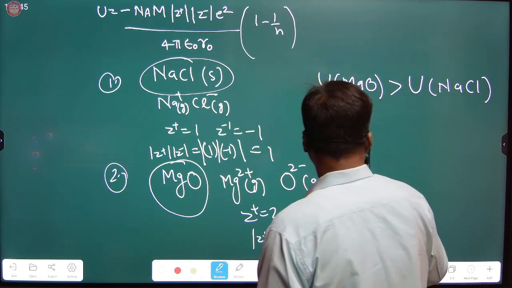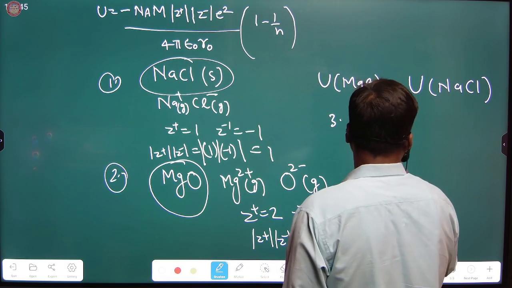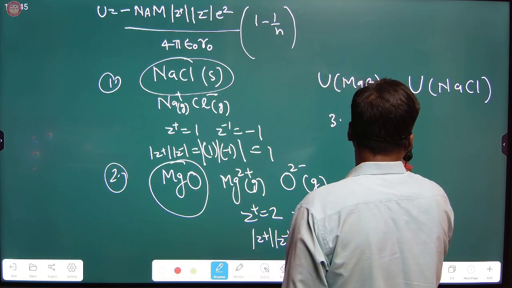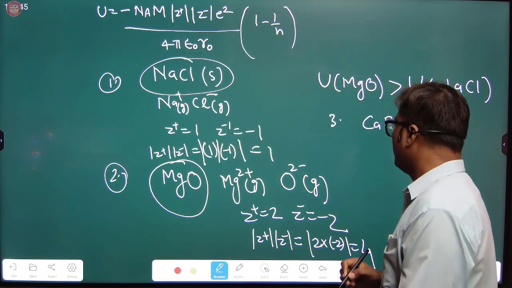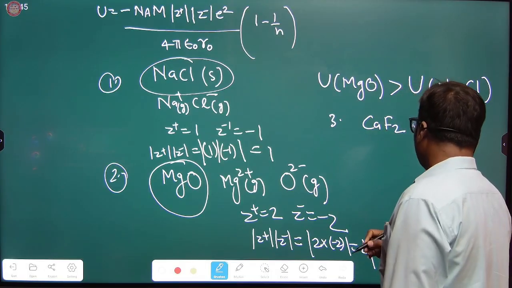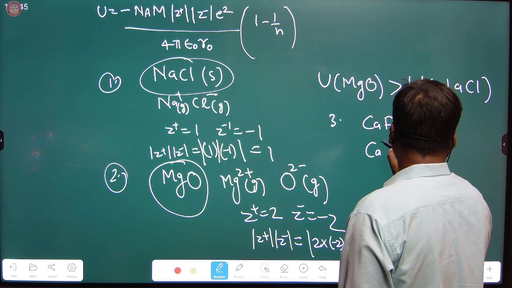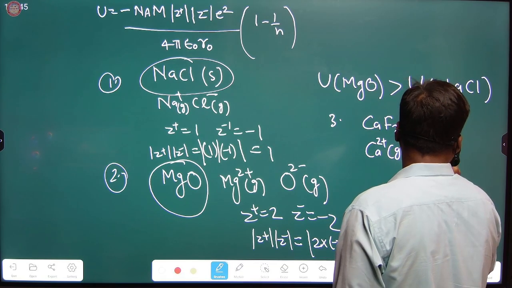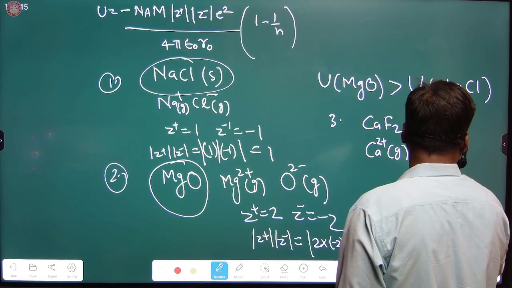Suppose we have a third example, CaF2, calcium fluoride. This calcium fluoride possesses Ca2+ gaseous and 2F- gaseous.